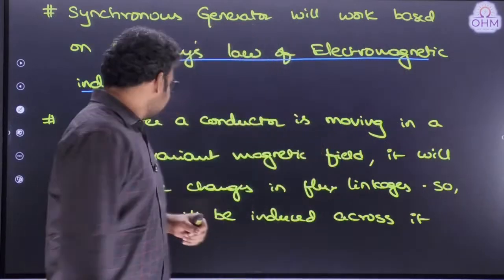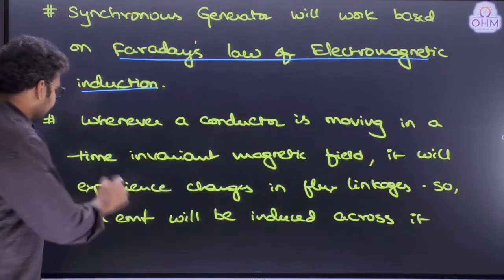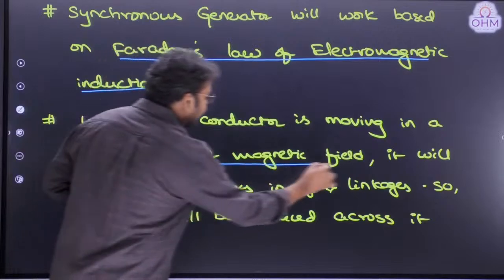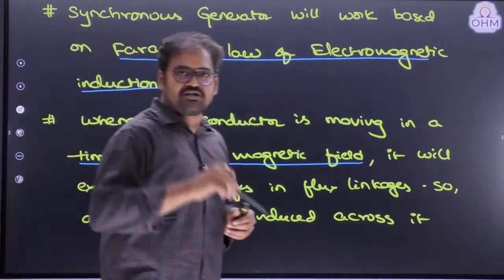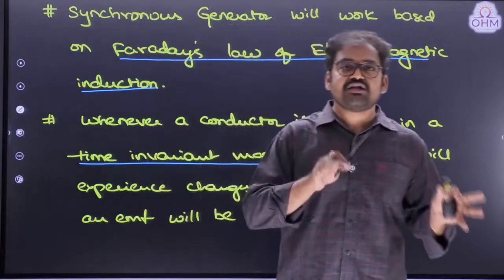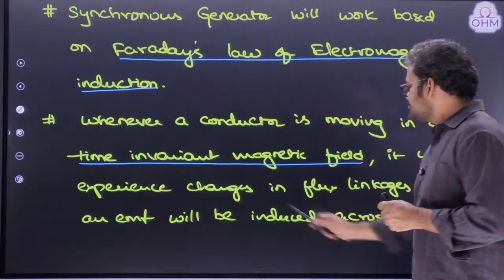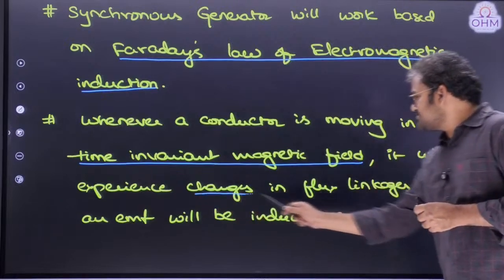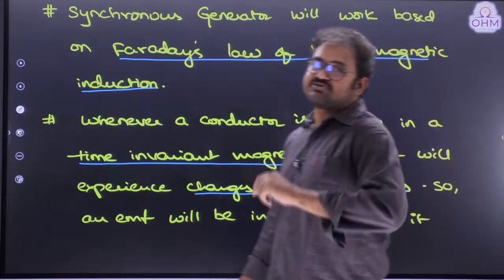And what Faraday said: whenever a conductor is moving in a time invariant magnetic field, this is very important, whenever you physically move a conductor in a time invariant magnetic field, then that conductor will experience changes in flux linkages, so that an EMF will be induced across that conductor.